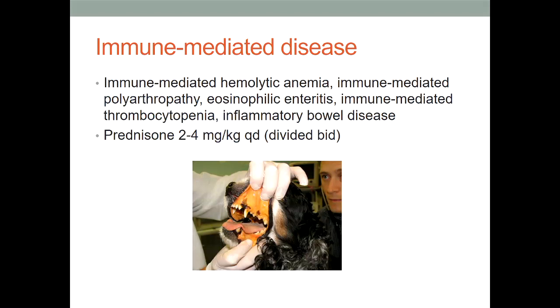Okay, somewhere in that range. Now, there are different clinician opinions about whether going up to 2 mg per kg BID helps. I am one of the people that think it does. There are some people that say you never have to go that high. But anyway, if anyone asks you for an immune-mediated dose or an immunosuppressive dose, they're going to be looking for this dose.